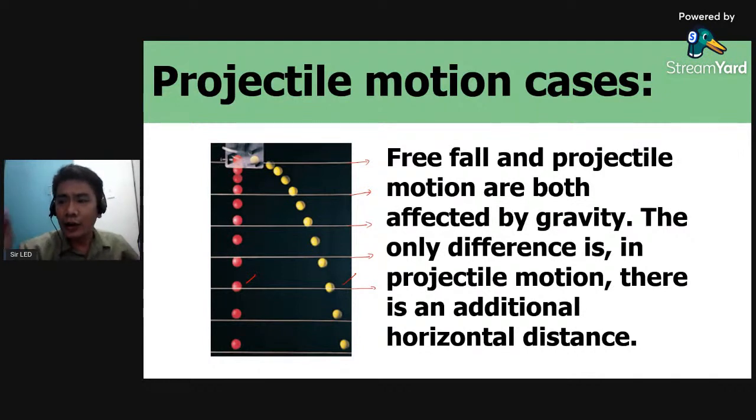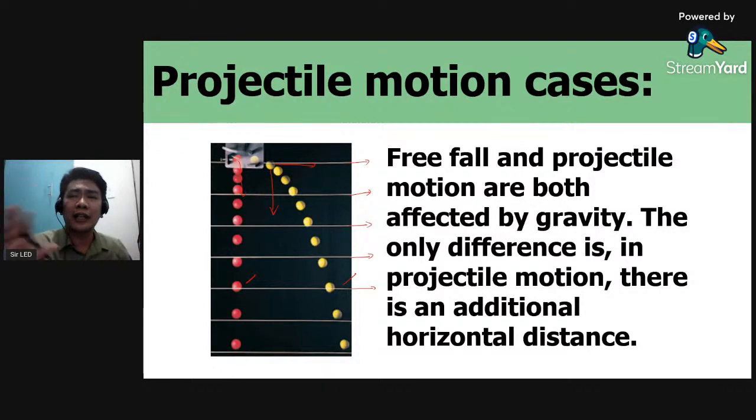It means the horizontal component works independently of the vertical component, although they are happening at the same time on the object. So while this yellow object is falling, it is also moving forward. Just like the ball in red, it's falling. It's in free fall.